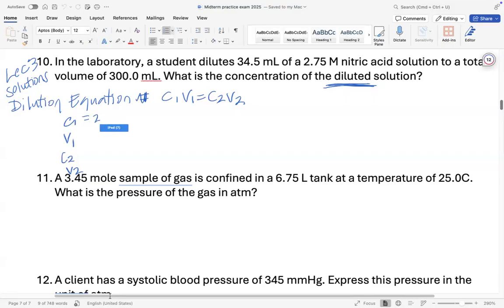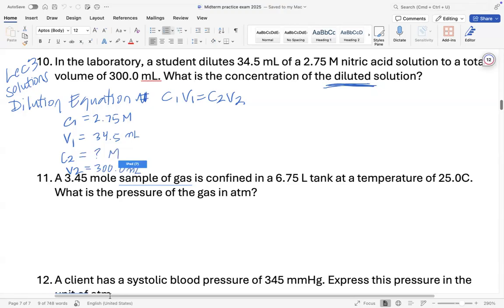So my initial concentration, 2.75 molar, and my initial volume, 34.5 milliliters. It says they dilute it to a total volume of 300 milliliters. So this is going to be my volume 2. And then they want to know what is the new concentration. So this happens to be what I'm solving for.